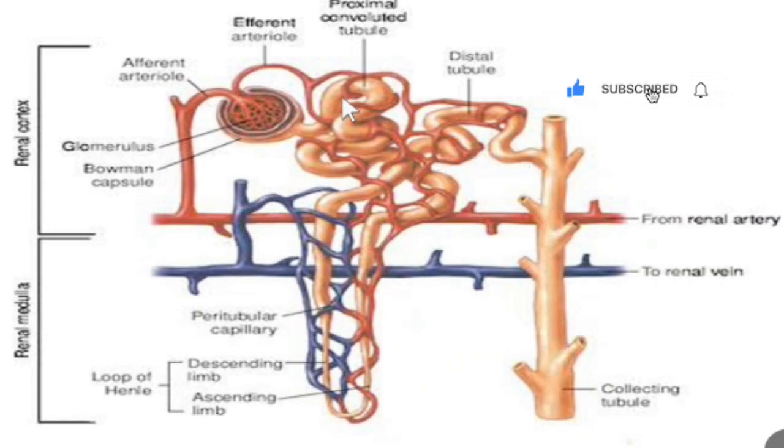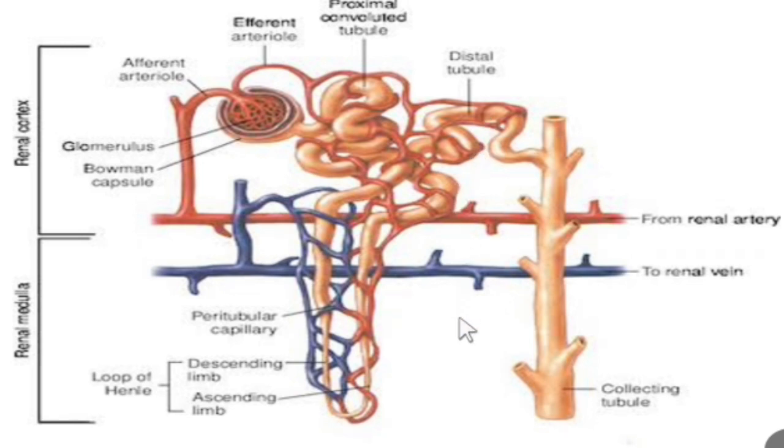So this is basically the tubular portion, the renal tubule. Why is it called proximal convoluted tubule? Because it is moving towards this renal medulla. So in reference to the renal medulla, this is the proximal convoluted tubule, and the distal convoluted tubule is going away from the medulla region. So this is how they get their names.